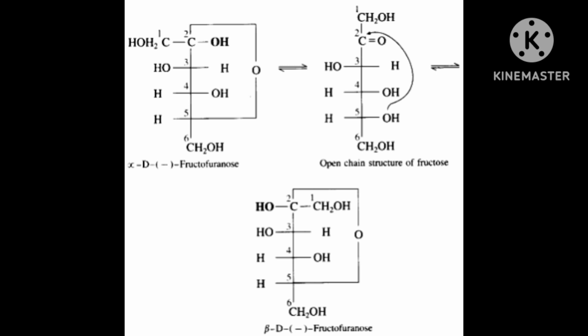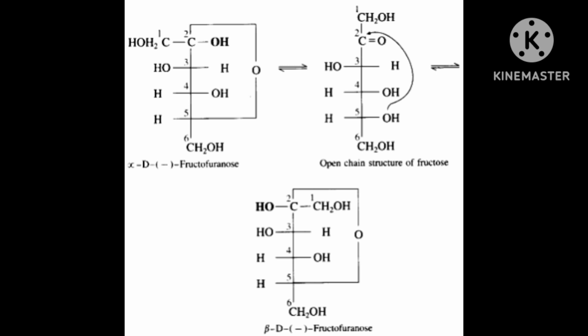Sometimes a small l is written for laevo and a small d for dextro, but capital D and capital L mean configuration, which is different. Already I discussed. It is D-fructose, capital D, but it is laevo, the negative sign is there. D-negative fructose, don't forget.